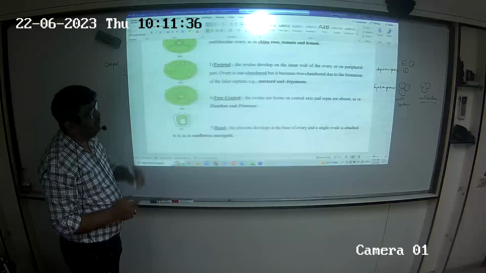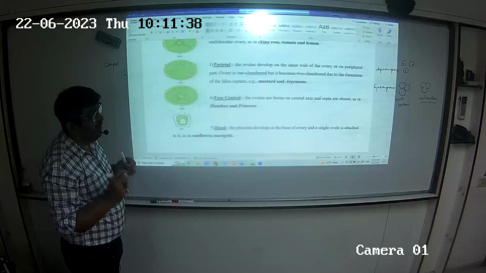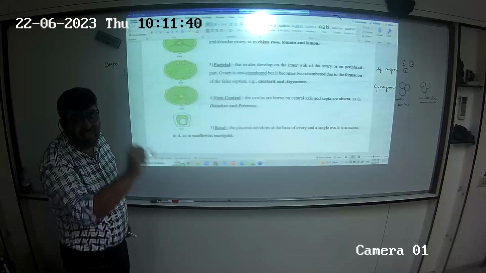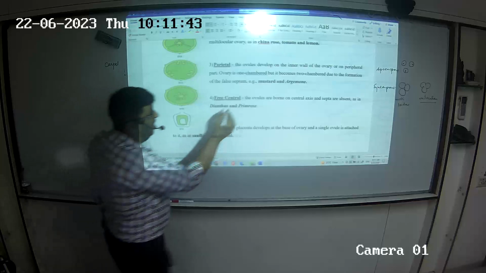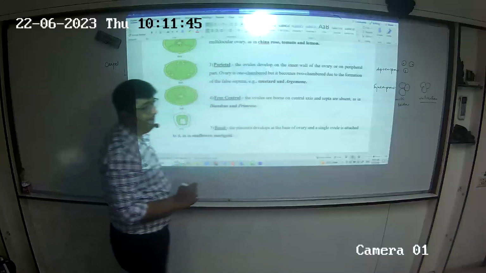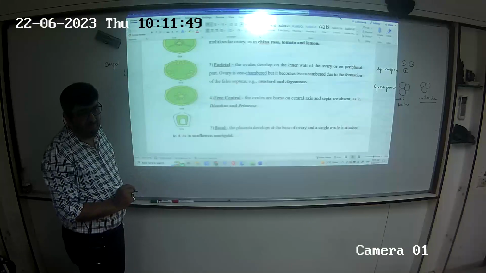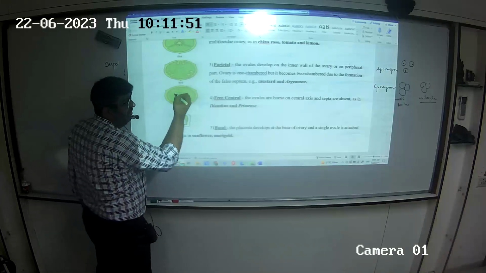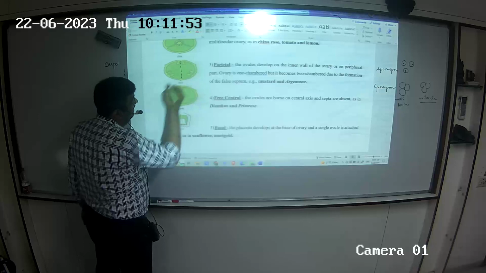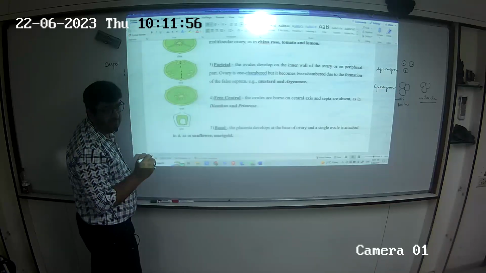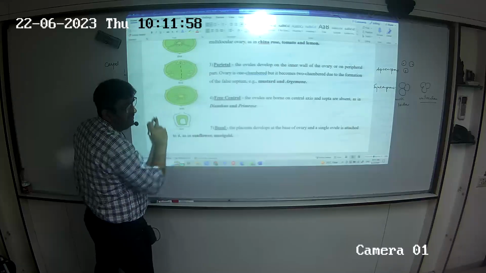But it becomes two-chambered due to formation of a false septum. Now, this condition has been specifically mentioned because the example is mustard. Because this condition is not found anywhere except mustard. It is one chambered, but gradually there is a false septum developing, dividing into 2 parts.